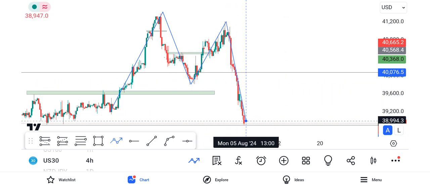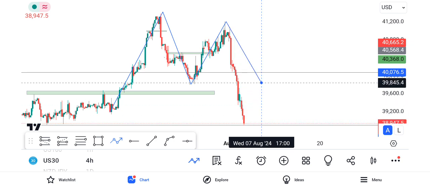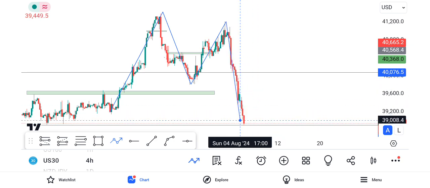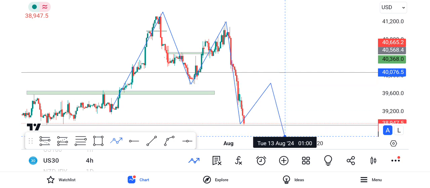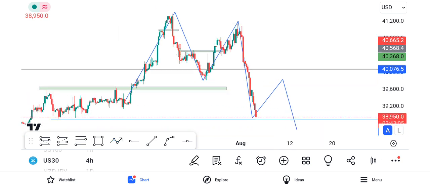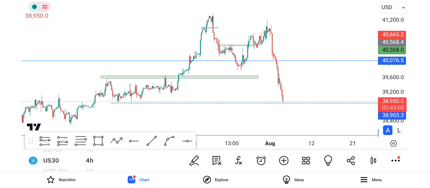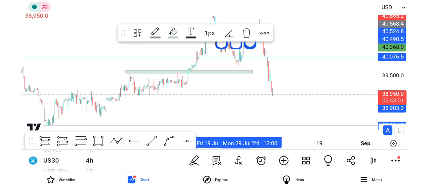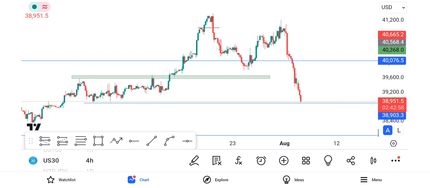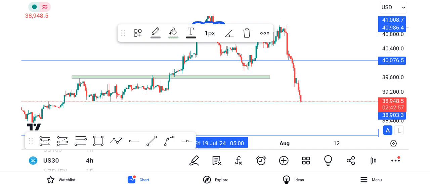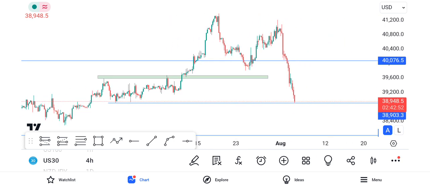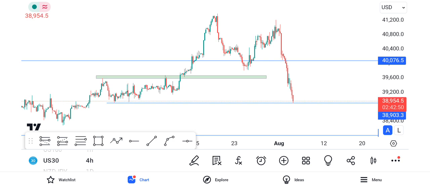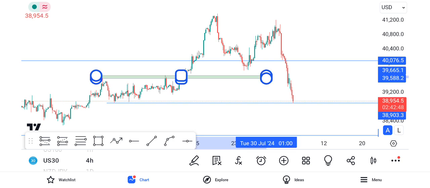So waiting for a retest, then shoot down, we're going down on US 30.